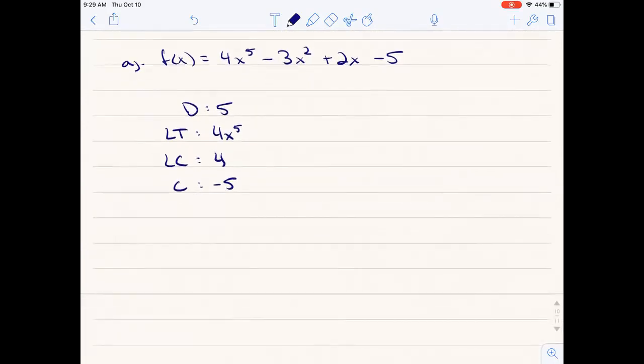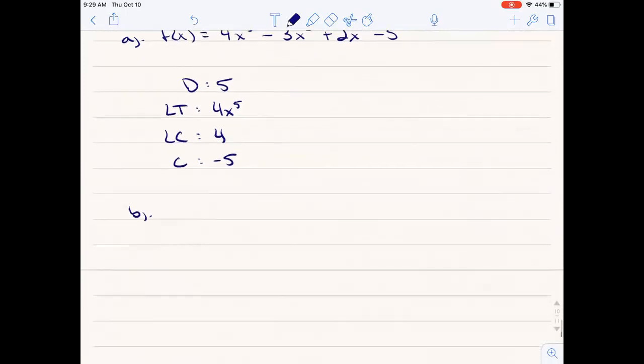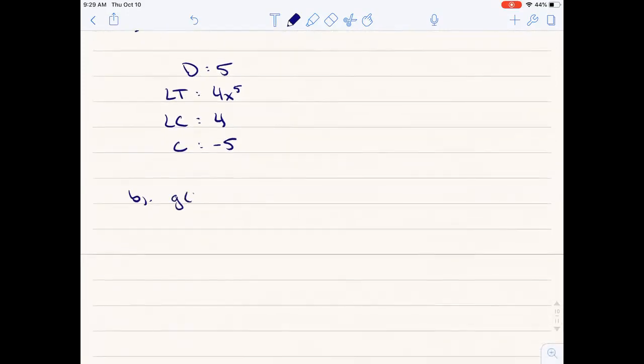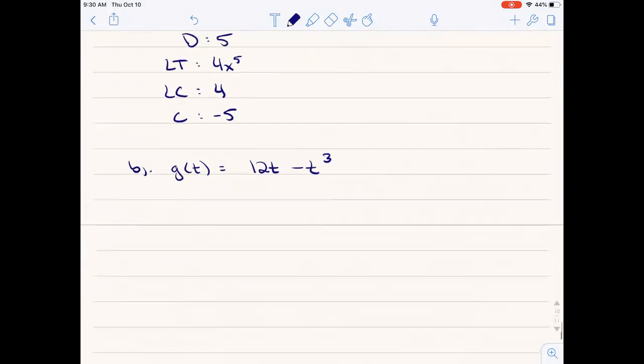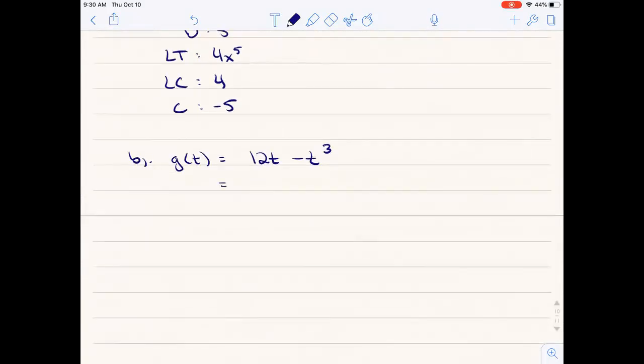What about if we do g of t is 12t minus t to the power of 3? You'll want to make sure that you rewrite this so that the powers are decreasing, right, in order to identify the leading term. And so we'll rewrite this as negative t to the power of 3 plus 12t.